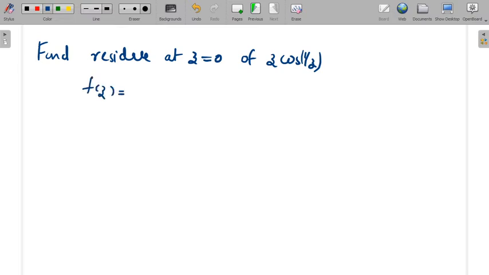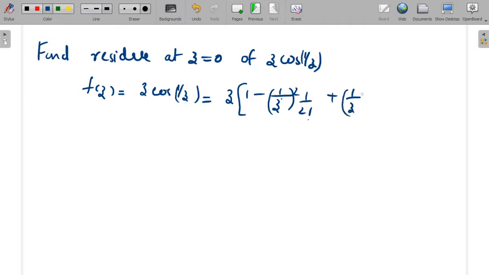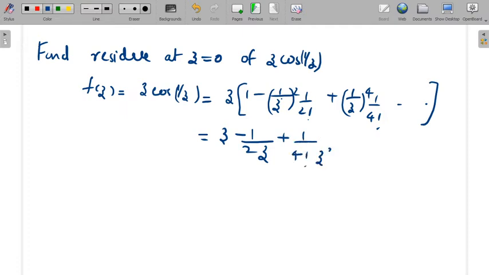So we can write f of z is equal to z cos 1 by z, and expanding cos 1 by z in series, you get 1 minus (1 by z) the whole square by 2 factorial plus (1 by z) the whole raised to 4 by 4 factorial, etc. And multiplying with the z outside the bracket, we get z minus 1 by 2z plus 1 by 4 factorial z cube, etc. So this is the Laurent series expansion of this function about z is equal to 0.